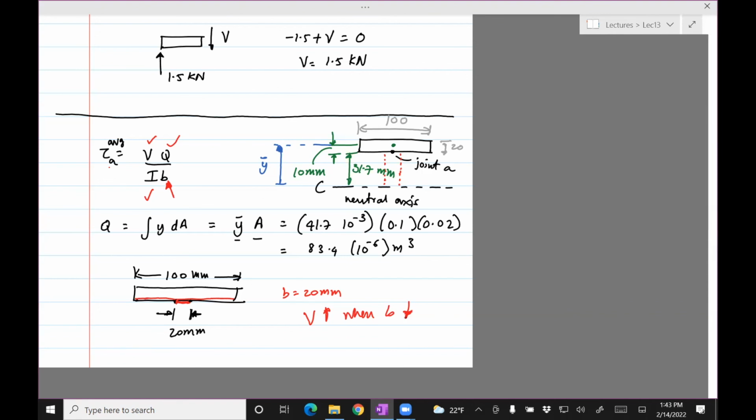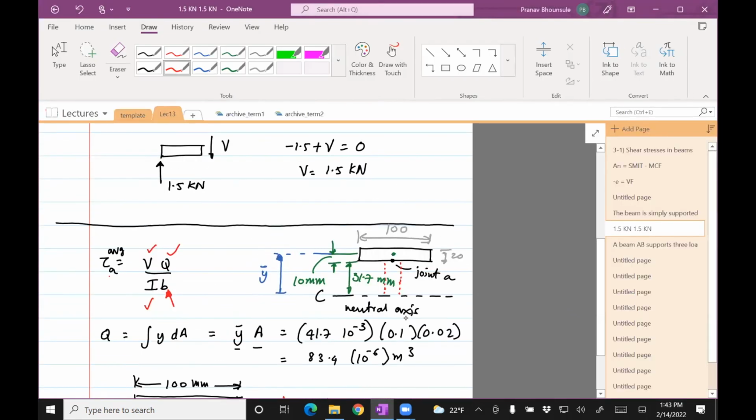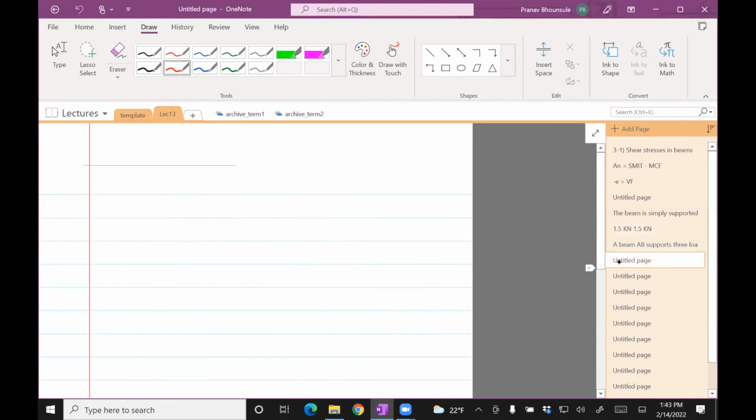Okay, so I got all the things. Let's just write the final answer. Tau equals V, which was 1.5 times 10 raised to 3, Q was 83.4 times 10 raised to -6, I is given to us, it is 8.63 times 10 raised to -6.